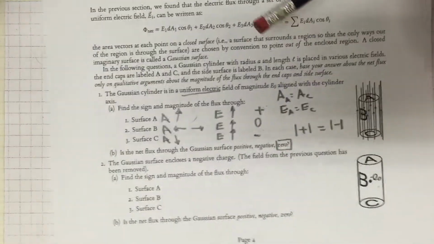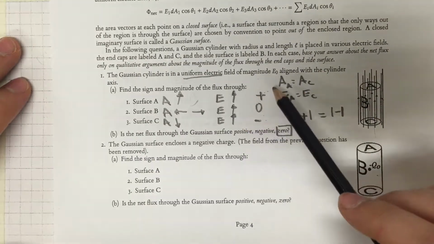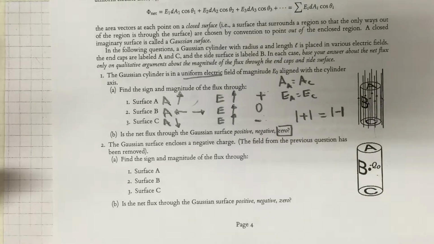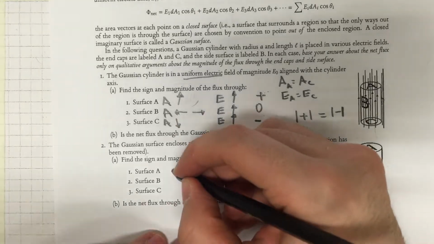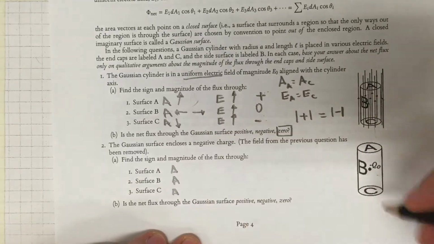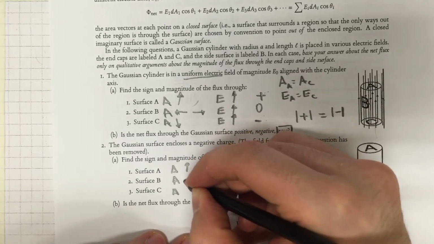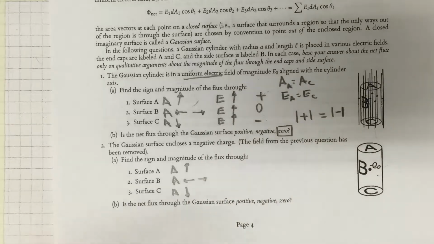Next, instead of having a uniform electric field, now I'm going to have a negative charge located at the center of the cylinder. Now, the areas are going to be exactly the same, right? Just because we've changed the charge and electric field doesn't mean we're going to change the areas. So it's going to look something like this.